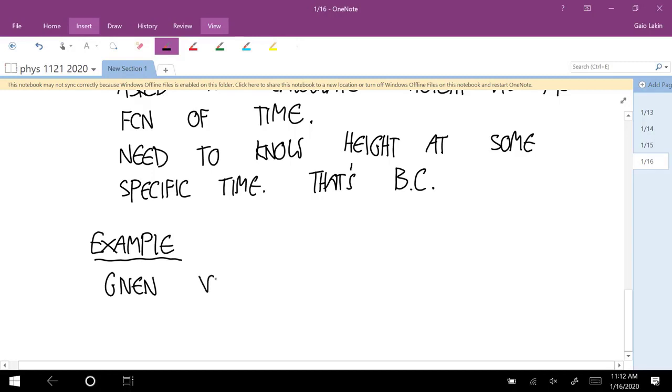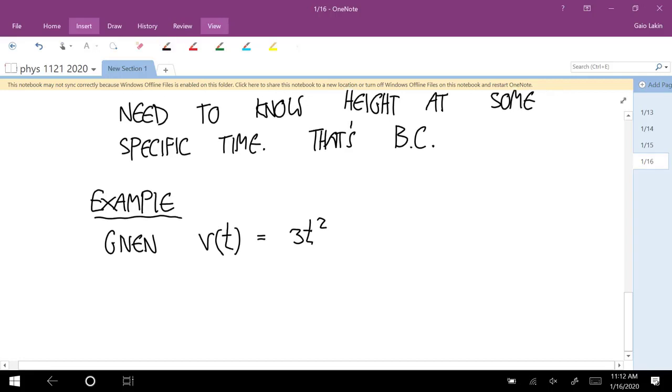Let's say you're given that velocity as a function of time is equal to 3t squared. And at time equals 1 second, the position is 5 meters.